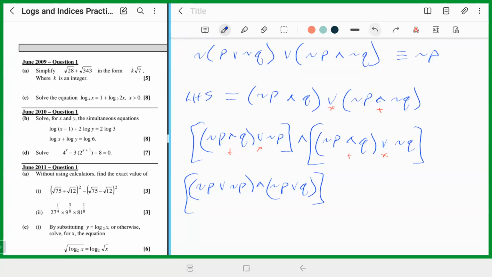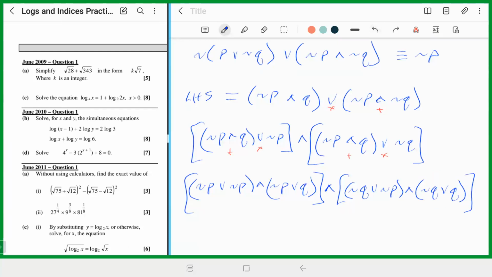I'm not going to do that part here first. So this is AND. I'm going to distribute this over these two, so it becomes not Q or not P, plus, which is that AND, this times this: not Q or Q. So this is true, because something or not the something is true, right?